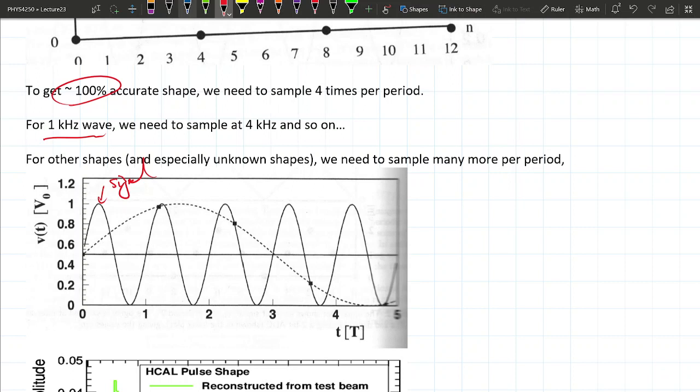These black points are actually the measurements from the digitizer, the ADC output, right? If you do it too slow, you can see that you're not going to realize you're actually sampling a bad thing, right? Because this still looks like a sine wave.